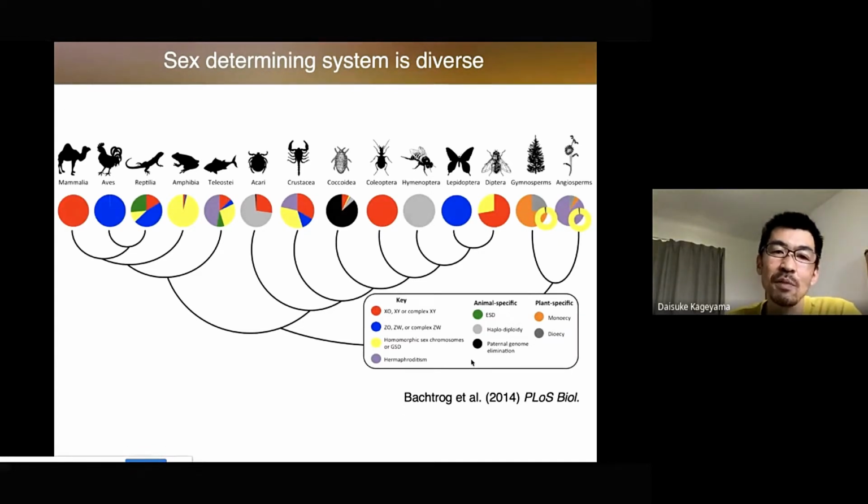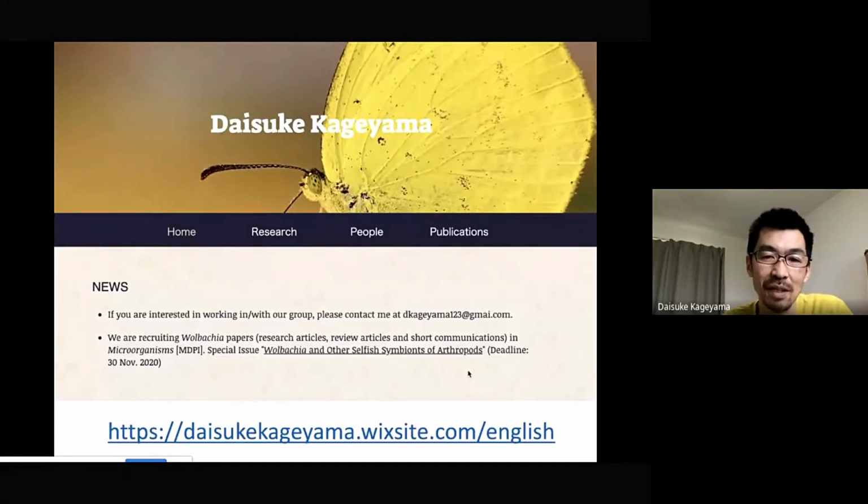Not only sex determination, they can cause speciation by accumulating their cytonuclear arms race. So it's a kind of interesting model to examine evolutionary biology.